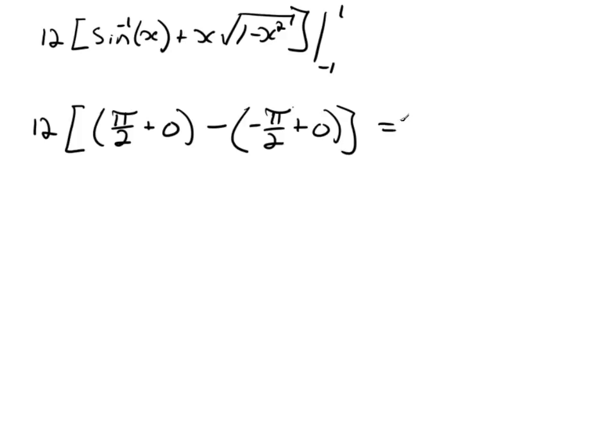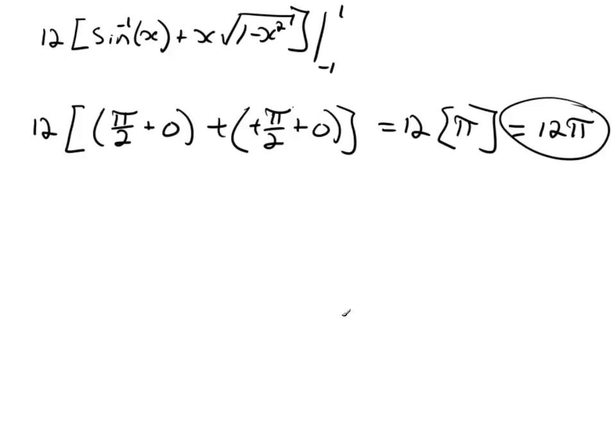So this is just going to be 12 times pi over 2 plus pi over 2, that's going to be pi. So this component is actually going to give me 12 pi.